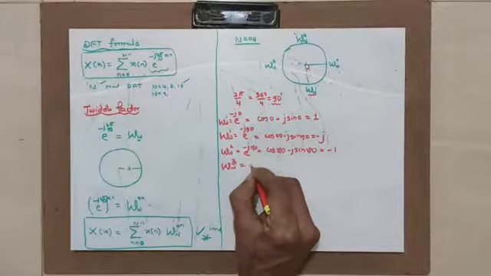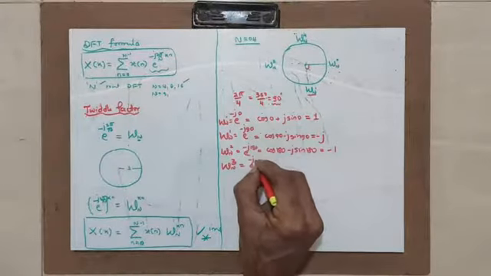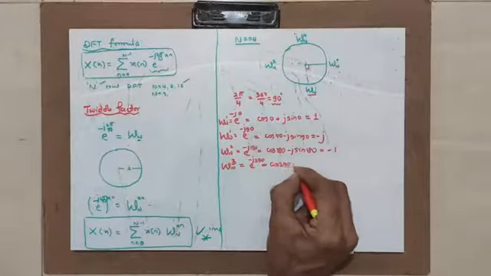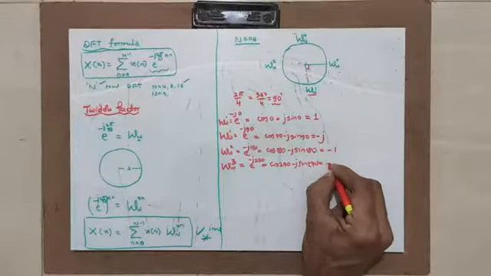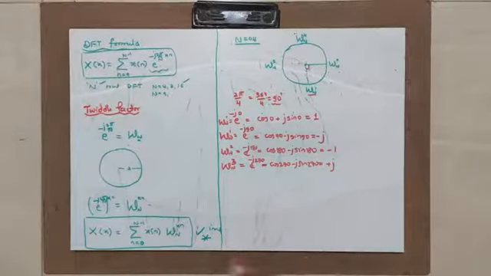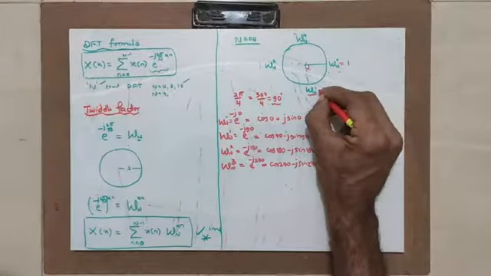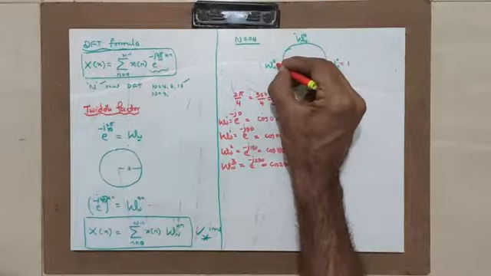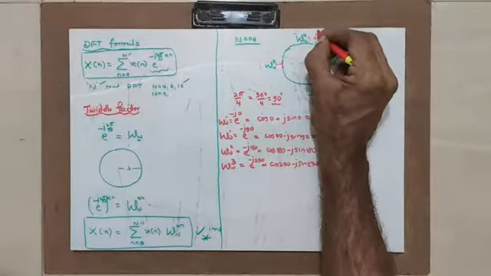W3 is equal to e raised to minus j 3 into 90. 3 into 90 is 270. Cos 270 minus j sin 270, which is plus j. Hence I got all the twiddle factor values. W0 is 1, W1 is minus j, W2 is equal to minus 1, W3 is plus j.